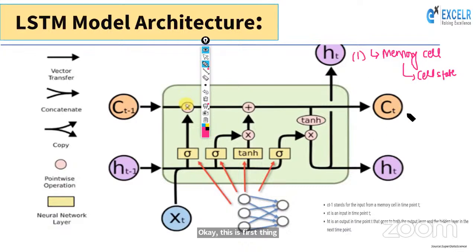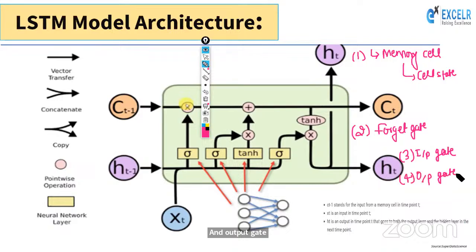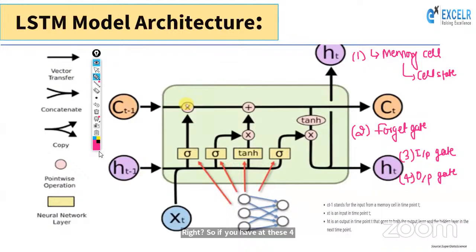Apart from the memory cell, LSTM architecture has three kinds of gates. If you recall, LSTM is a gated neural network architecture. So here we have three gates. Gate number 1 is called the forget gate. We have another gate called the input gate, and the output gate. So we have these four things with respect to the neural network architecture.